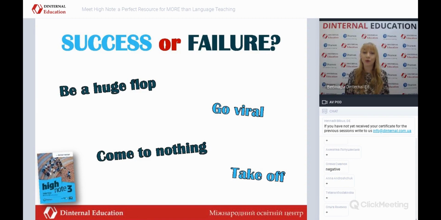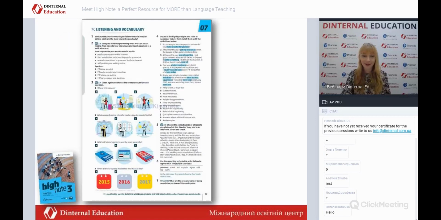So when you launch, for example, a project or a startup, or a new mobile app or something like that, if it takes off really well, it means that it's going viral. It means that people are interested, people are taking part in the project, so it is going well. So take off is definitely a positive phrase. Thanks a lot for your ideas. You're very on point here.